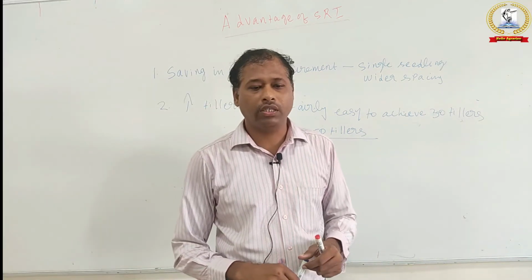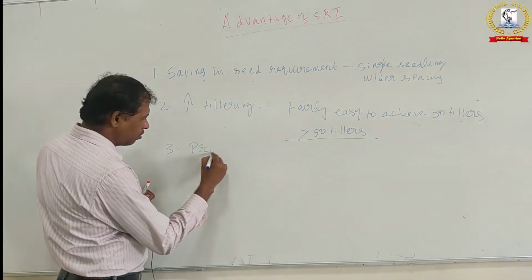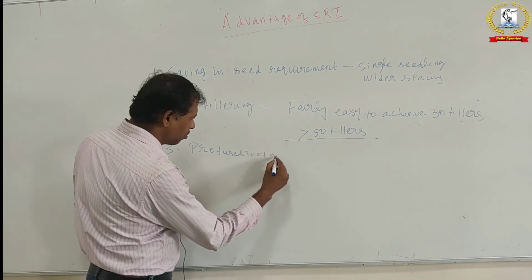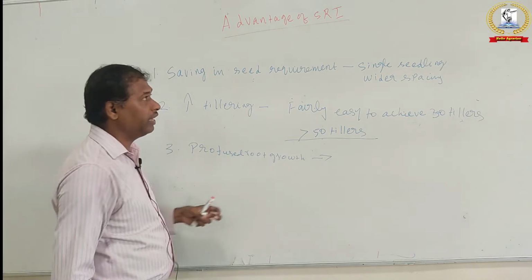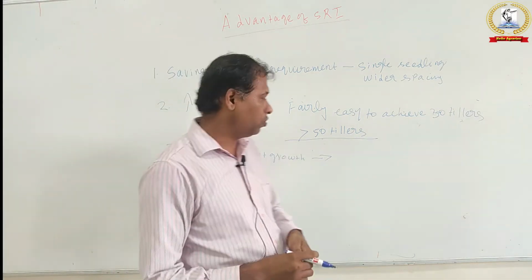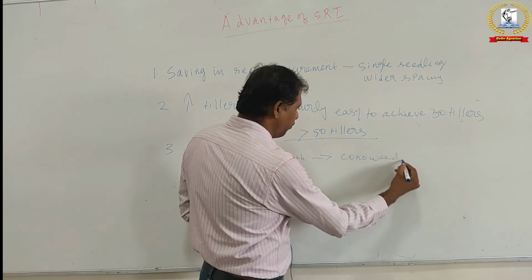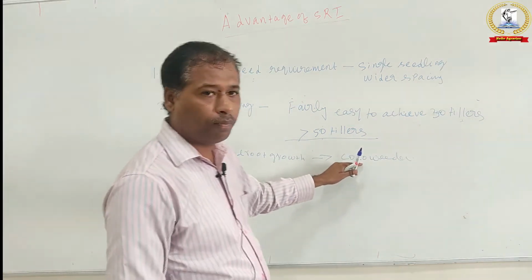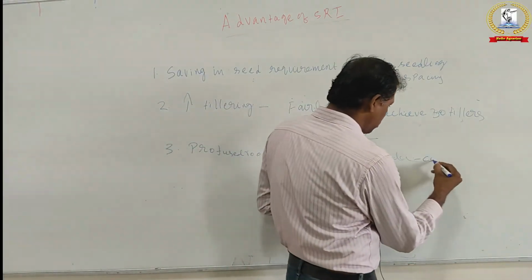The next advantage is profuse root growth. In SRI method, we use a conoweeder. So the implementation of this conoweeder controls the weeds.